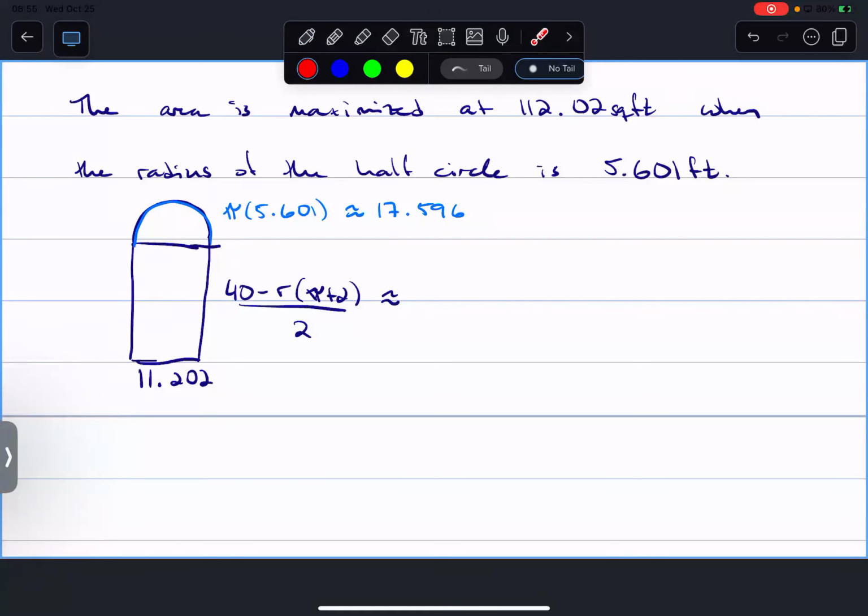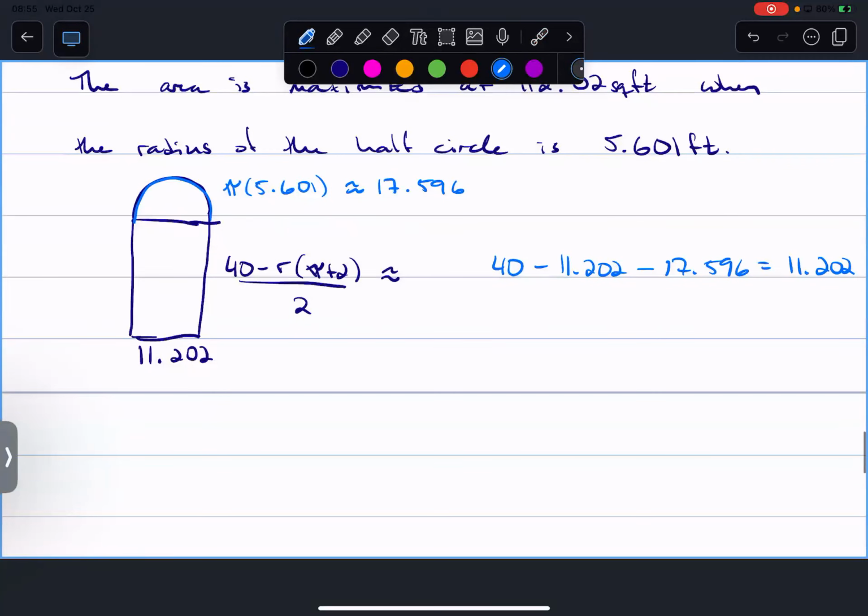Oh, a decimal point would be nice. So then I get 40 minus 11.202 minus 17.596. Yeah, so it is r.